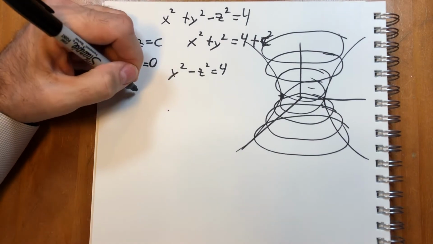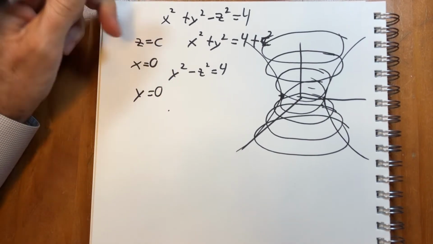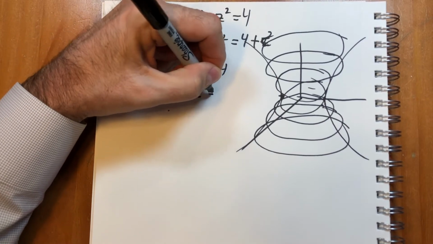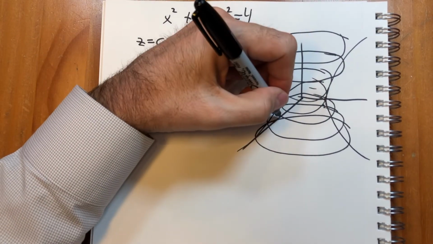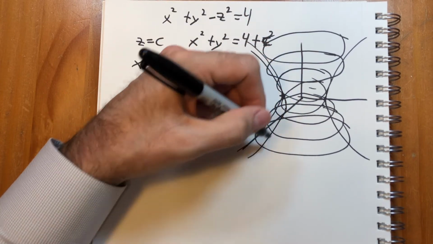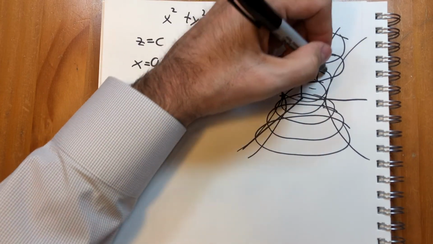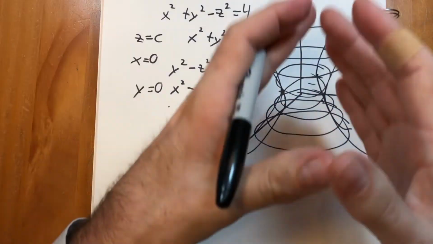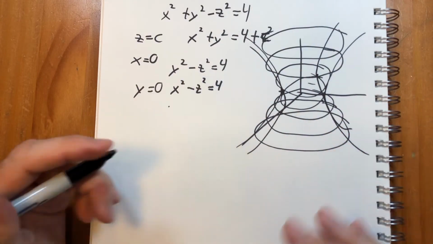And then it's almost the same thing for y equals 0, we have x squared minus z squared equals 4. It's exactly the same, except now it's out here, and they go up this way, down, and up this way, and down. So what's this make? It makes like a tube that is bent in the middle.